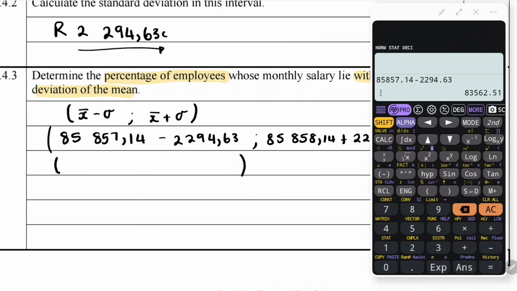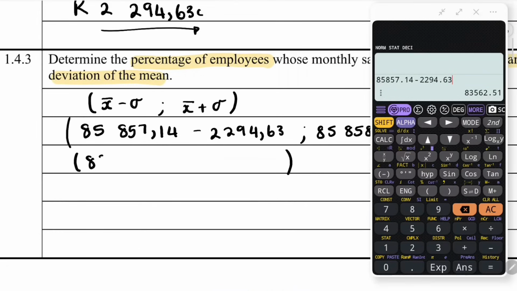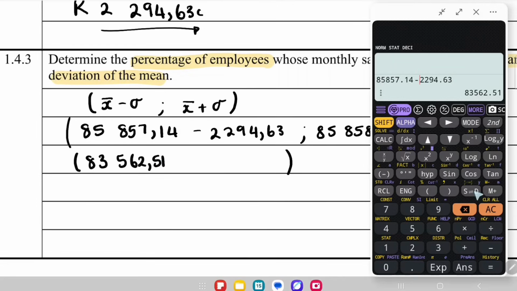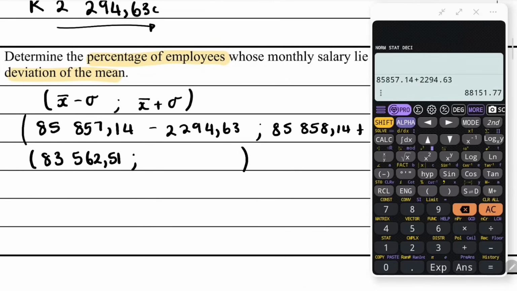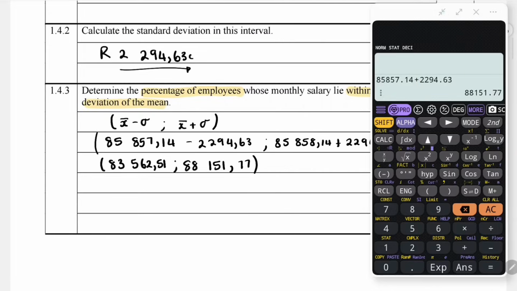Okay, so minus the standard deviation is 83,562.51. And then we'll change that to a plus to get the other coordinates. So that is 88,151.77. Okay, so this is what we have.